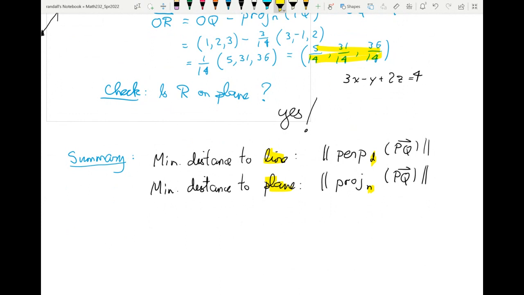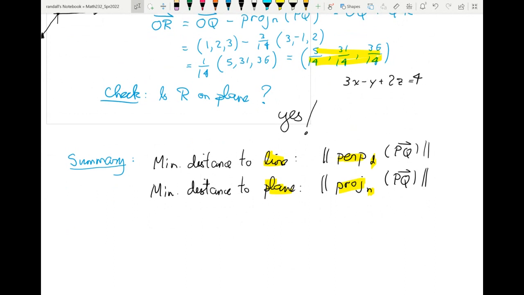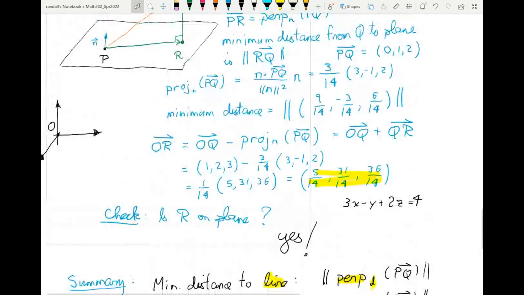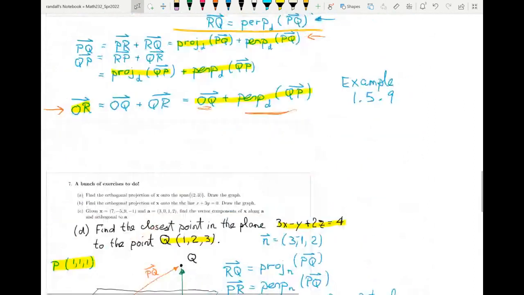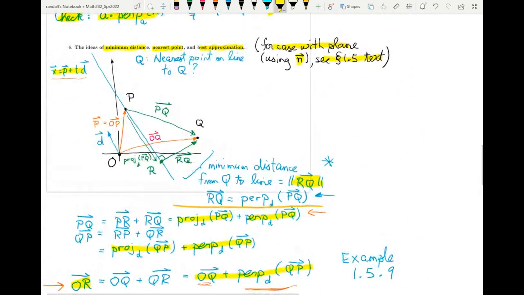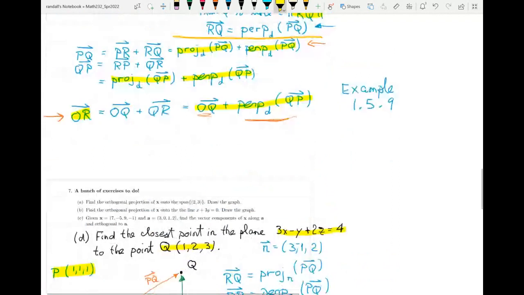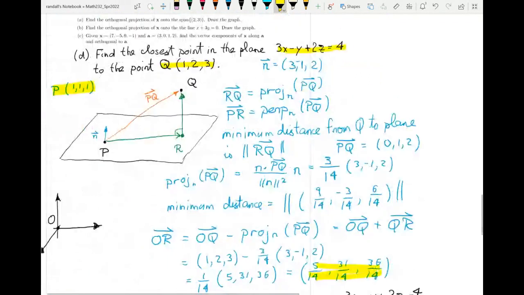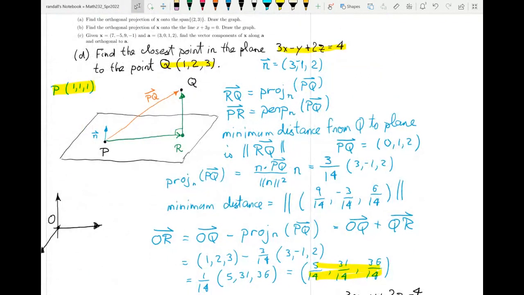They both require orthogonal projection, but they use a different component of it. For the line, the vector you're taking the norm of is the perpendicular part of this vector PQ, whereas for the plane, you're taking the projection along the n. You see that? If you follow these examples and look at these pictures, you can see why they're different. The formulas are different fundamentally because for the line, the direction vector is along the line, whereas down here, the direction vector, the n, is not along the plane, it's perpendicular.